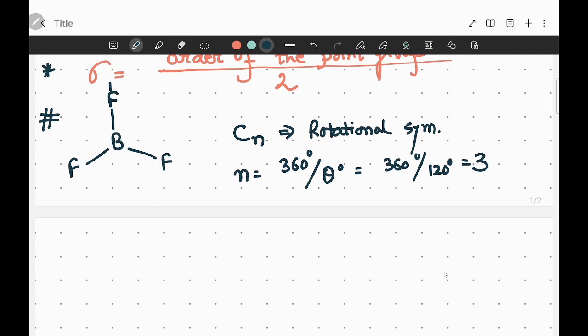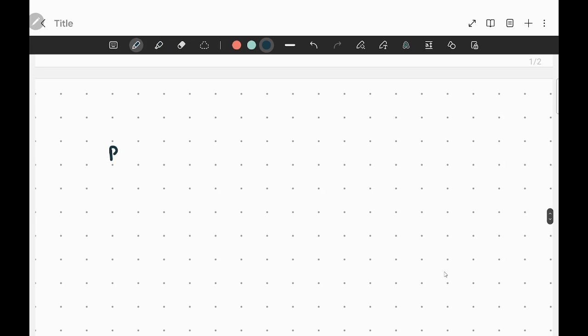The molecular plane is also a plane of symmetry, because around this plane you are getting a symmetry operation. If you draw it like this and pass a plane in this way, you see the overall molecule reflects to each other. So there is a sigma. This sigma should not be confused with the symmetry number.